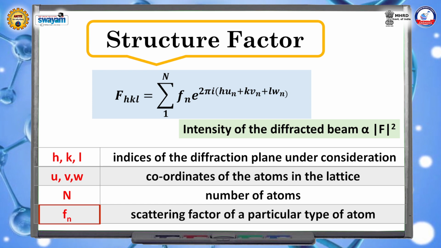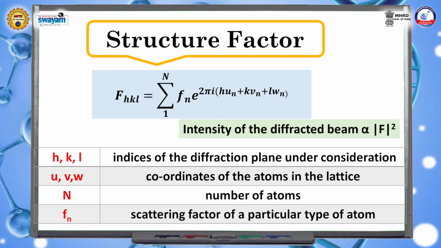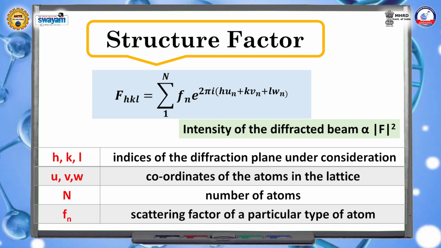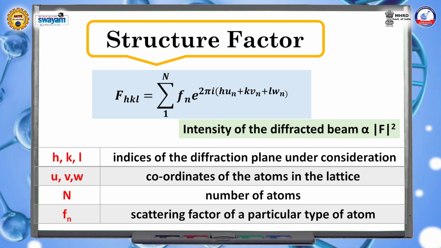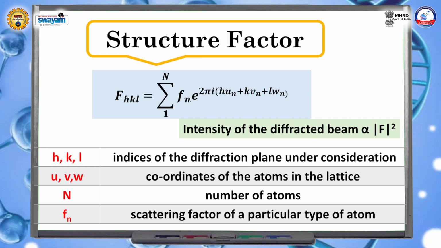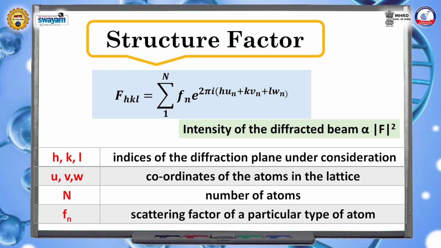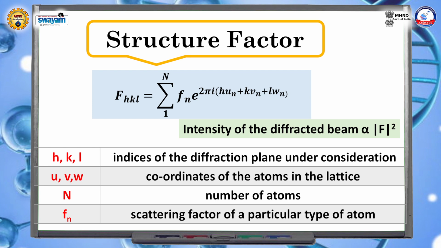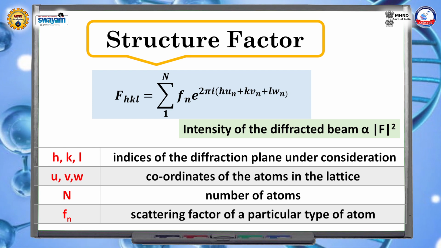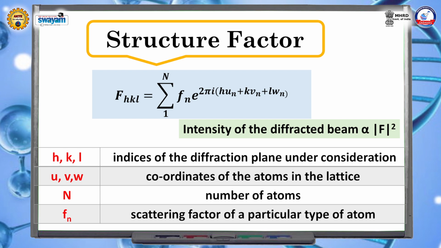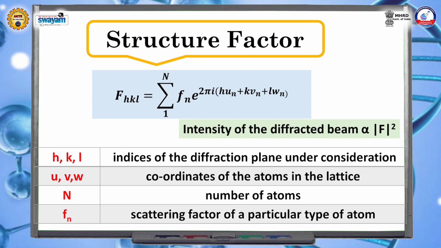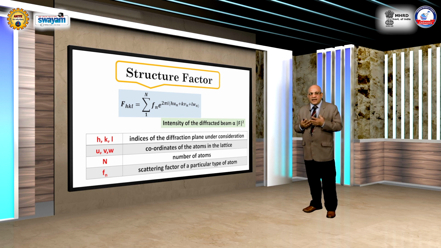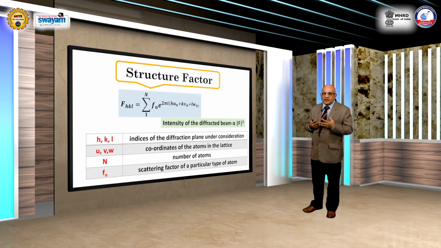The total structure factor is given by capital F_HKL, and on the right side you see it is a summation of scattering factors small f_n and a phase which is given by e to the power 2 pi i (h u_n + k v_n + l w_n), where u, v, w are coordinates of the atom. So, it can be the coordinates of the atoms in the lattice, and these are very important when you want to calculate the structure factor, which is related to the intensity.